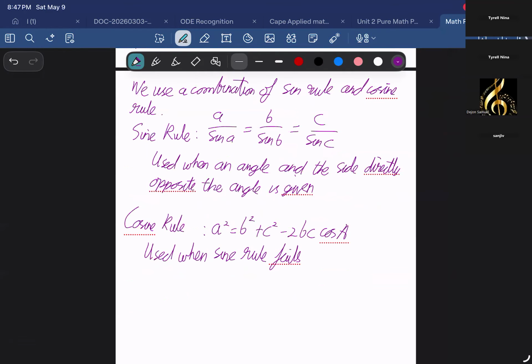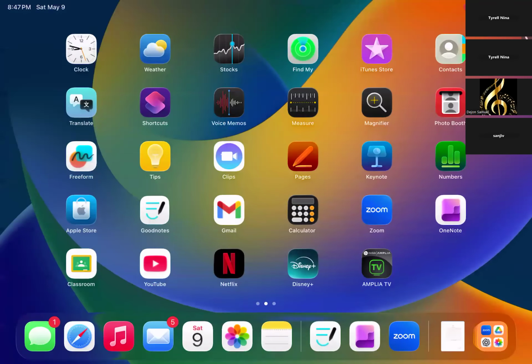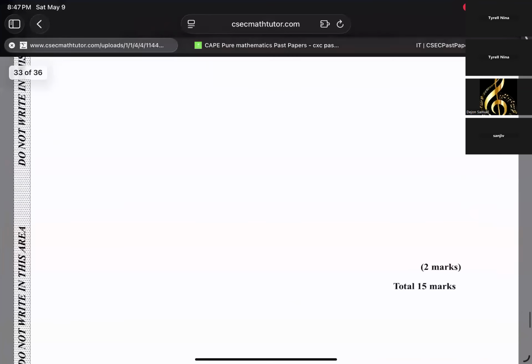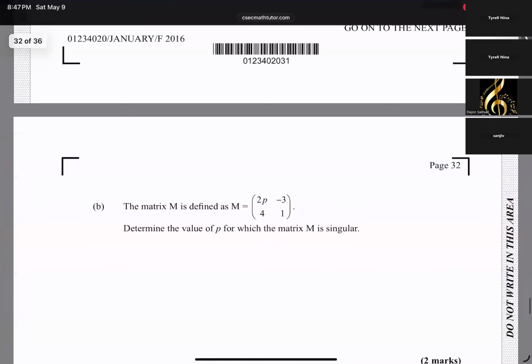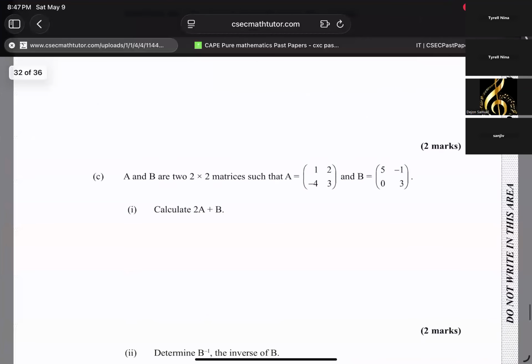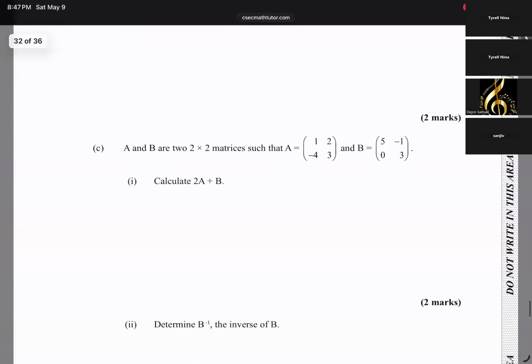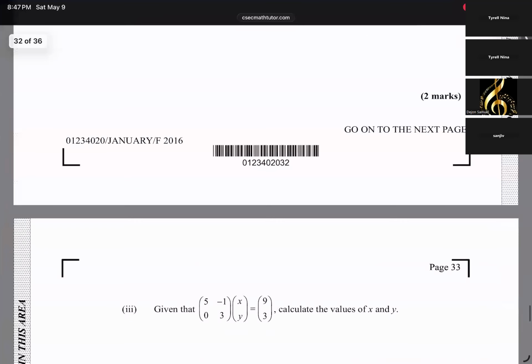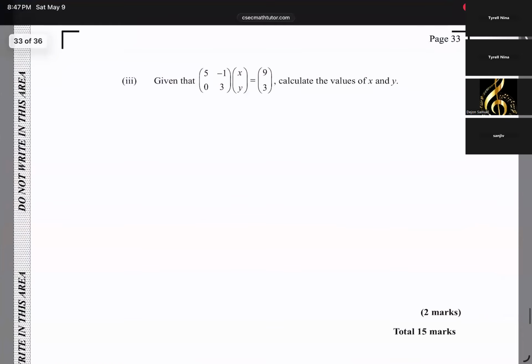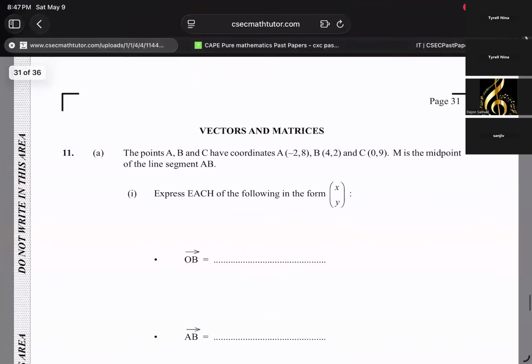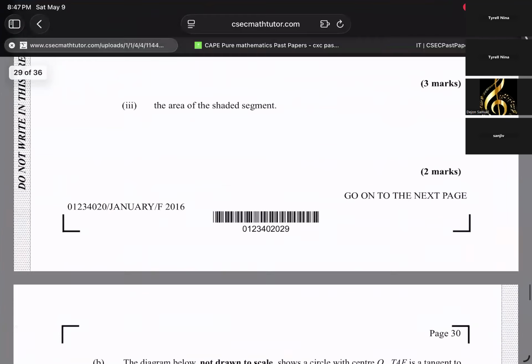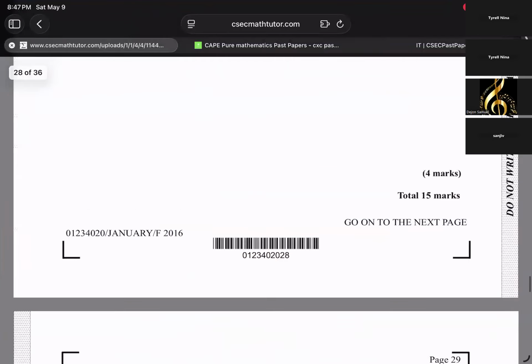Let me see if they brought one here. Look, the matrices, they give this, and the inverse of B, the same thing I'm telling you about, the simultaneous equations.